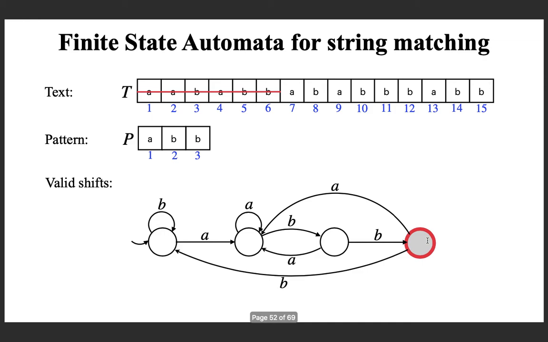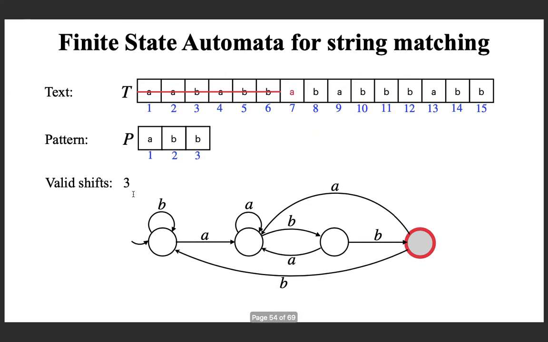Now, you are coming to a final state. Then you can print the present index, which is 6, minus the length of the pattern 3, 6 minus 3, which is 3, as a valid shift. So, you printed 3 as a valid shift. Later you can verify whether it is correct or not. This is the processing, as simple as this.